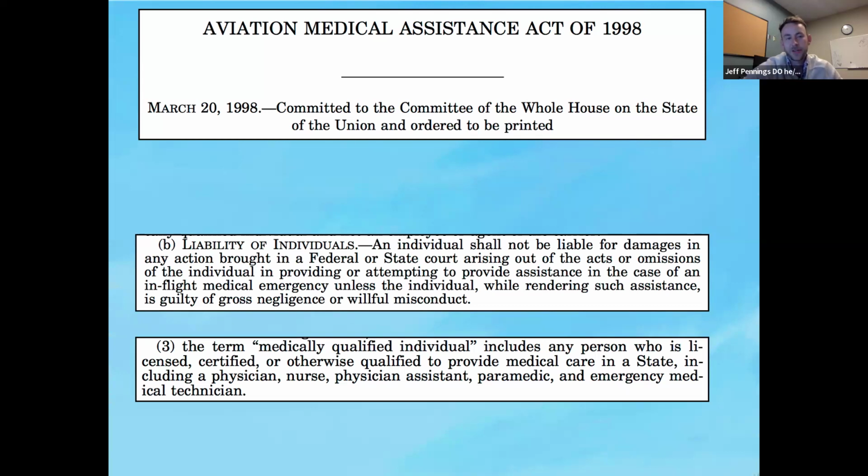And as long as they don't do anything egregious, where there's clear gross negligence or willful misconduct, they have significant protections if anyone ever tried to sue them for their care. They term this a medically qualified individual, which they further break down into anyone, including a physician, nurse, PA, paramedic, or emergency medicine technician.